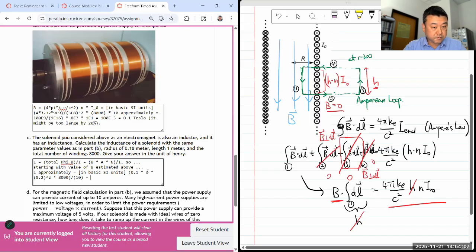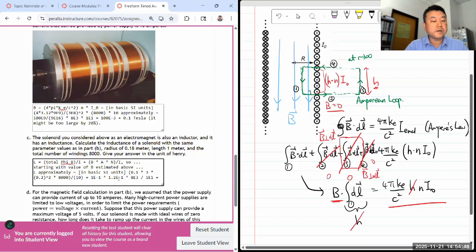So 0.2 squared is 0.04, times 3 is 0.12. So 0.12 times, that's 1.2 e minus 1, that's 0.12, times 8e3 divided by 1e1. So 8 times that is about 10 within 20%.